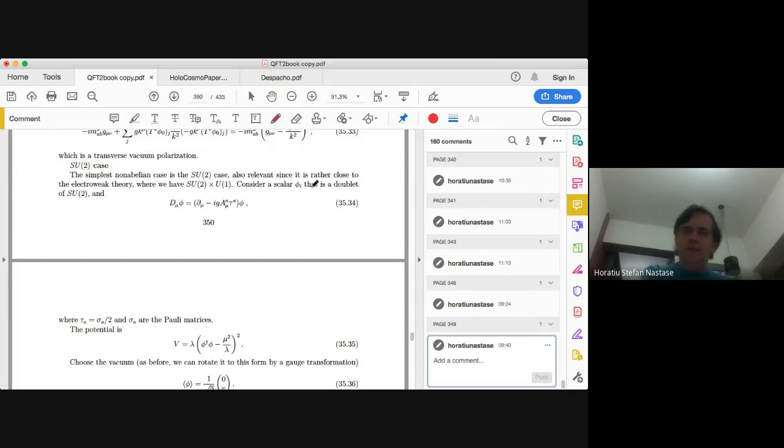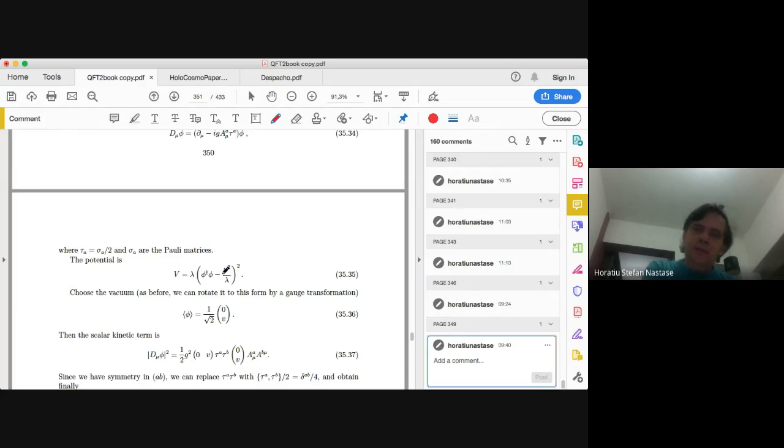So it's a theory with a phi that is in the fundamental representation, that is, a doublet of SU(2). So the covariant derivative on phi is, as before, del_mu minus i g A_mu^a times the generators, and the generators are the Pauli matrices over 2, sigma^a over 2, times phi.